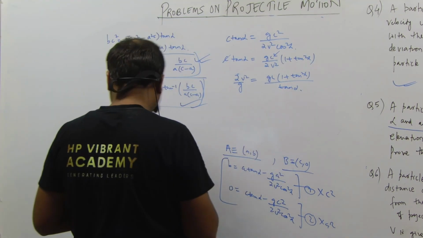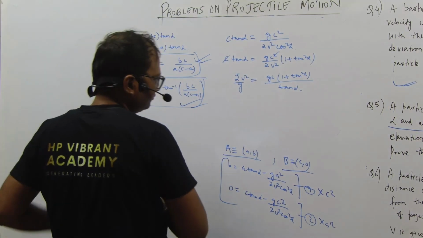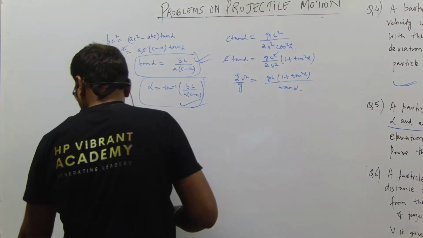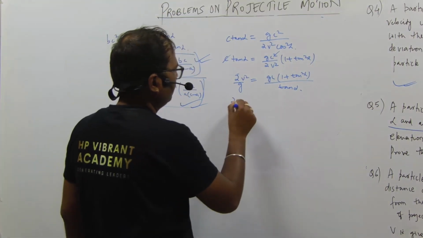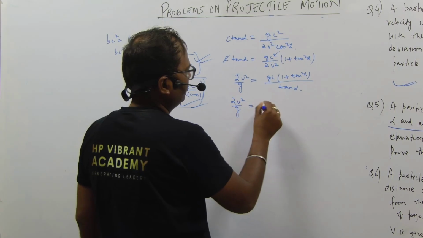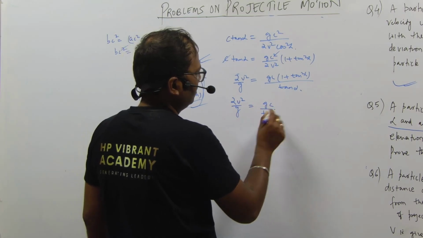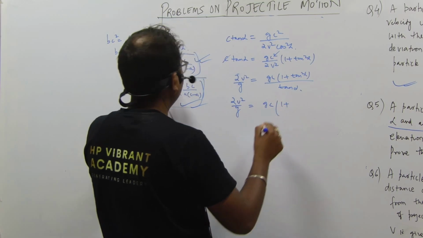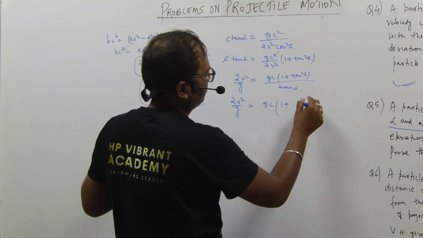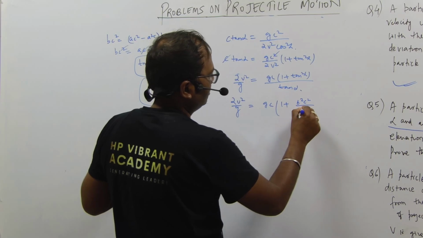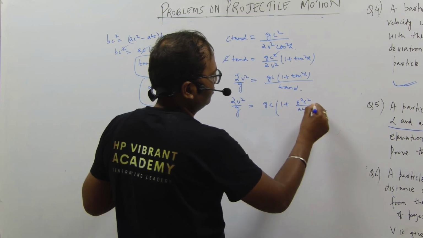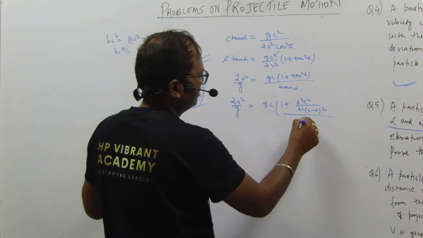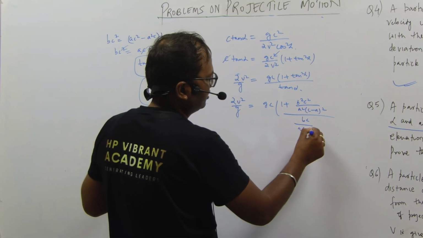So 2v square upon g is equal to c into 1 plus tan square alpha, which is b square c square upon a square into c minus a whole square, upon tan alpha, and tan alpha is bc upon a into c minus a.